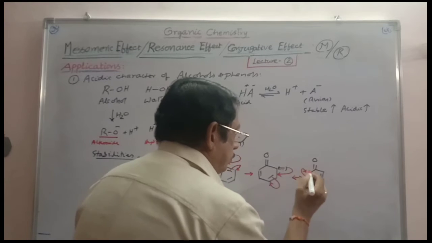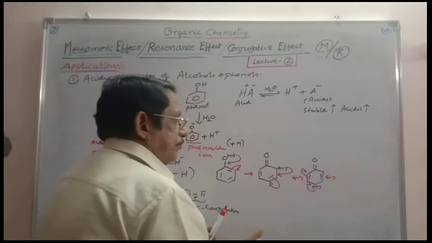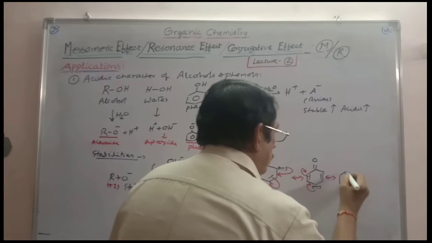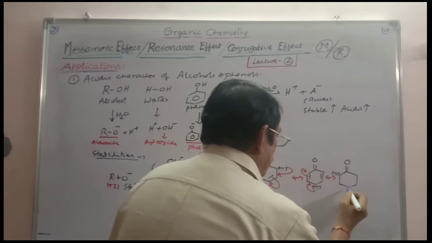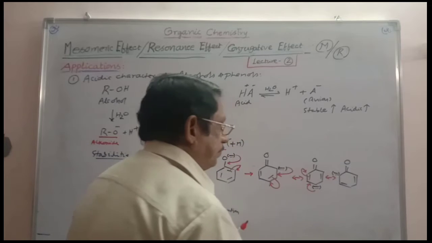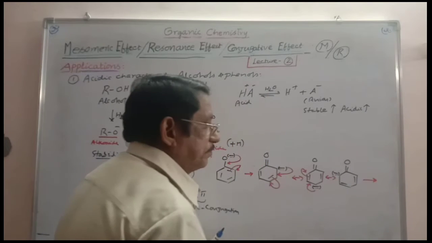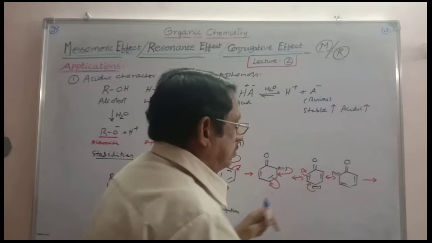This bond is coming to the ortho carbon once again, and you will get double bond O, the charge here, and double bonds here. This is the third resonance form. Once again, negative charge, sigma bond and pi bond in conjugation.